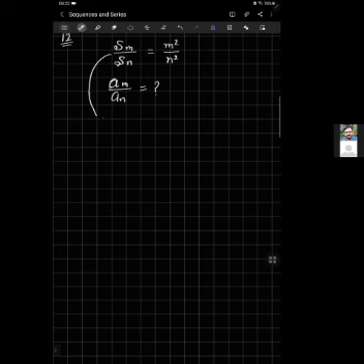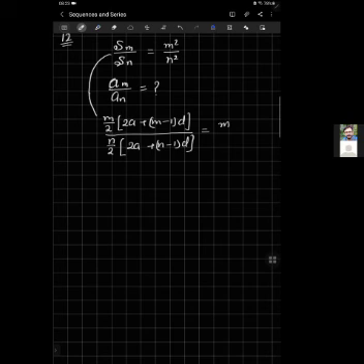Sm can be written as m upon 2 into 2a plus m minus 1 into difference d. Sn will be n by 2 into 2a plus n minus 1 into difference d. Now see, divide by 2.